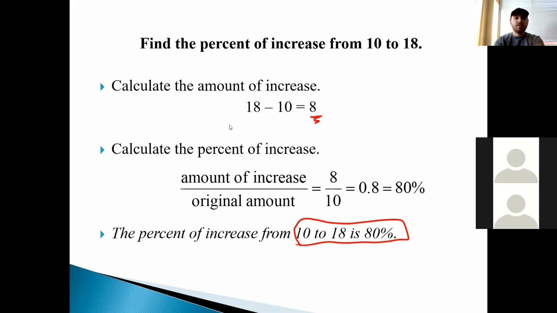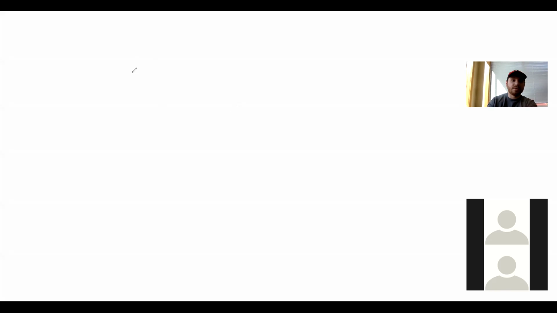Okay. So this next one, instead of actually showing you the next slide because it's not animated, so it won't show the thing, I'm just going to do a whiteboard instead. So the problem should be find the percent decrease from 25 to 21.